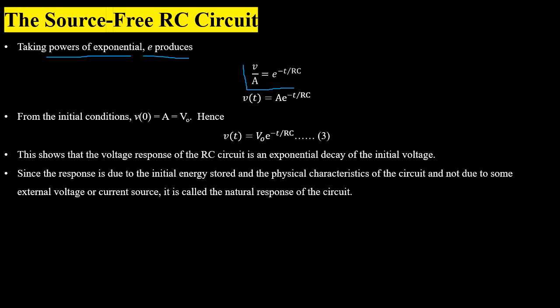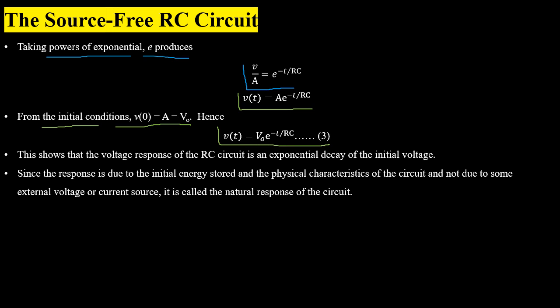Or we can say that voltage V of t will be equal to A multiplied by exponential power minus t over RC. Now for initial conditions, we know that V0 is the only stored voltage in the capacitor. So A will be equal to V0 and hence V of t will be equal to V0 multiplied by exponential power minus t over RC.